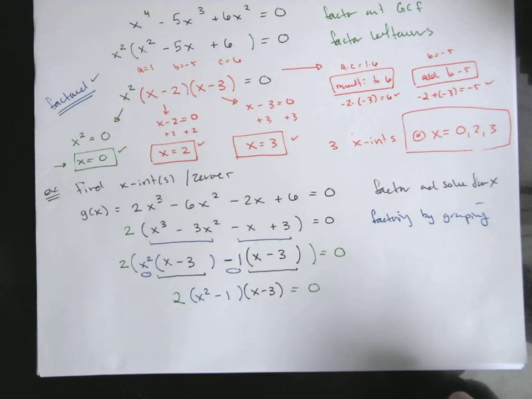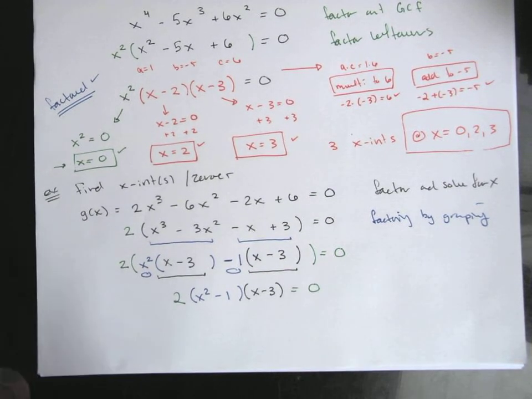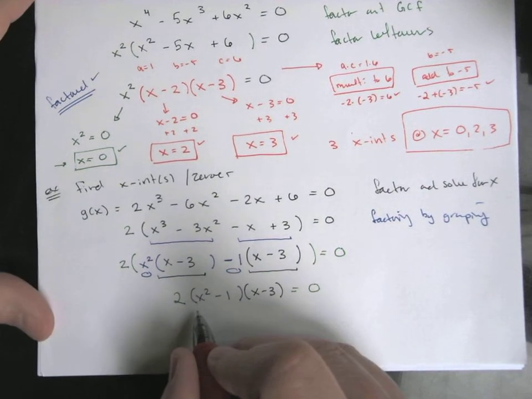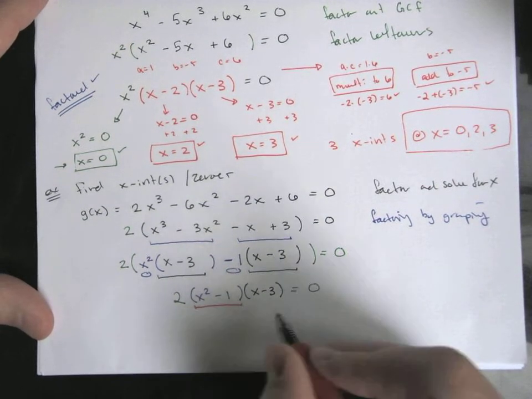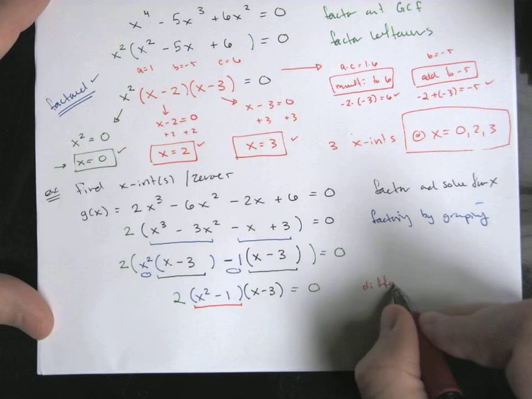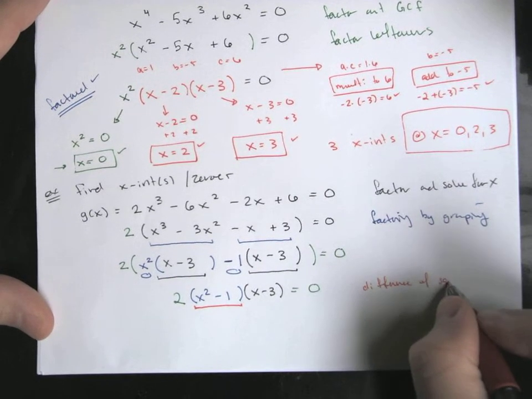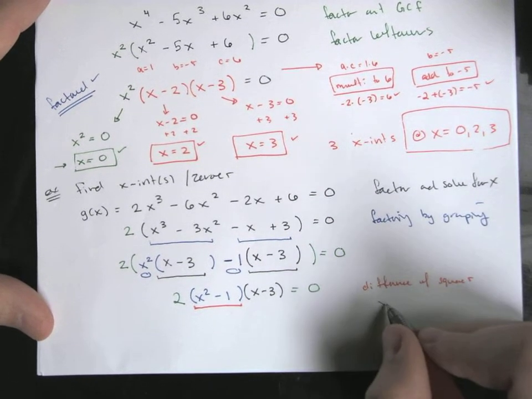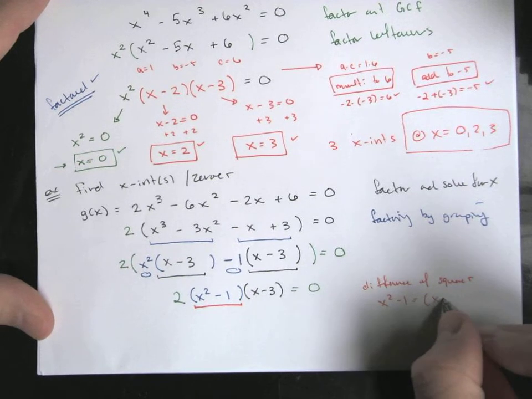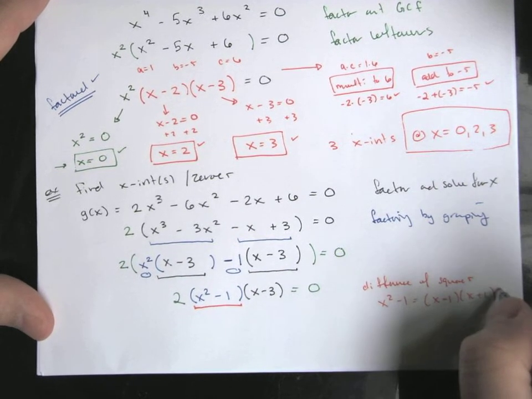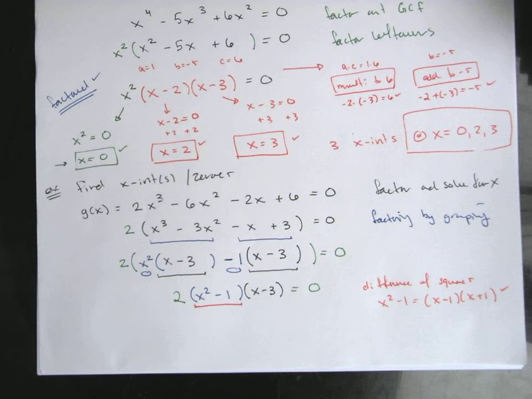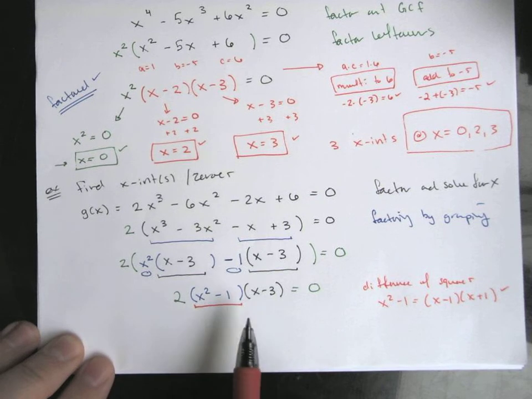That's pretty factored. We can go one step further, however, and hopefully we'll notice one of our special cases. This x squared minus 1, this is our difference of squares. So x squared minus 1 is really x minus 1 times x plus 1. So that's going to allow us to break this up into 2 out in front and then 3 individual parenthesized parts.